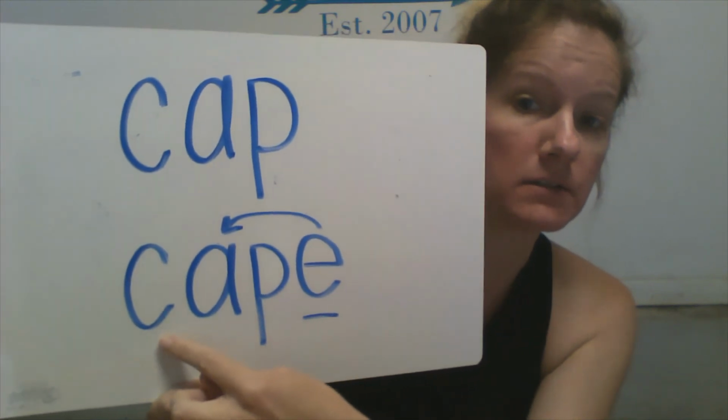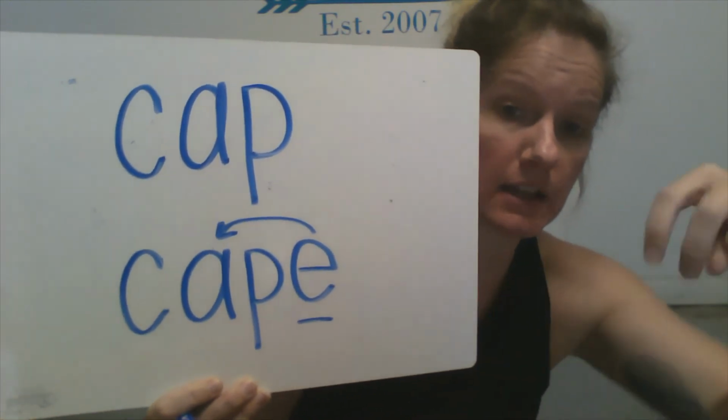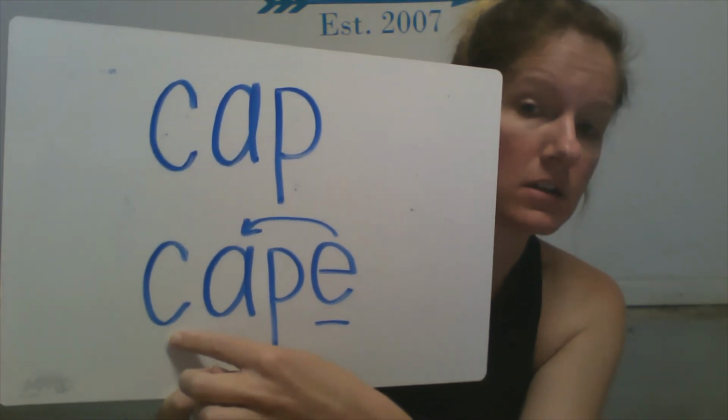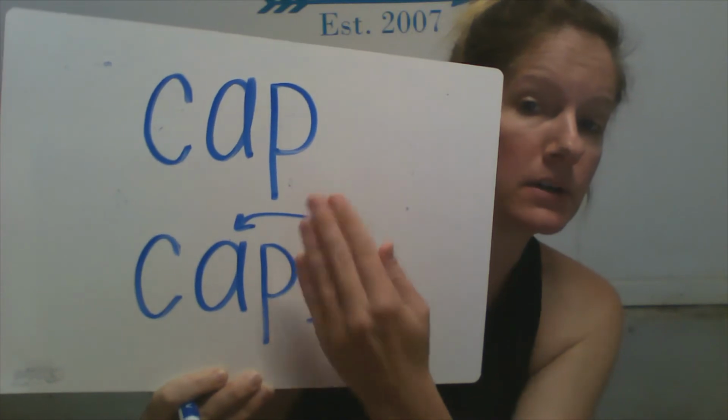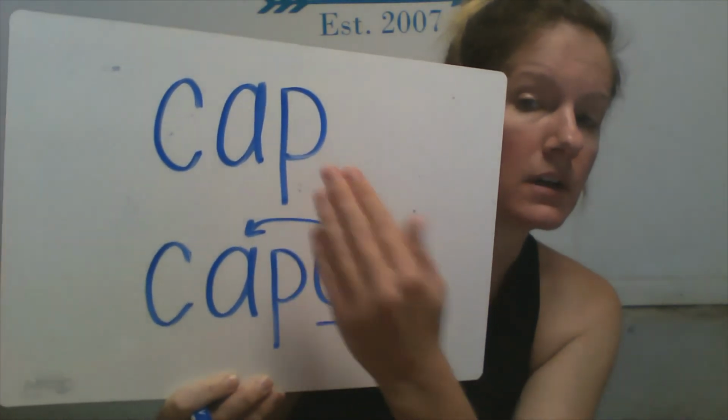The second one, remember, the first one does the talking, the second one does the walking. So he's going to talk. Are you ready? Ape. What's the word? Tape. Did you get it before I showed you? All right, let's do one more.